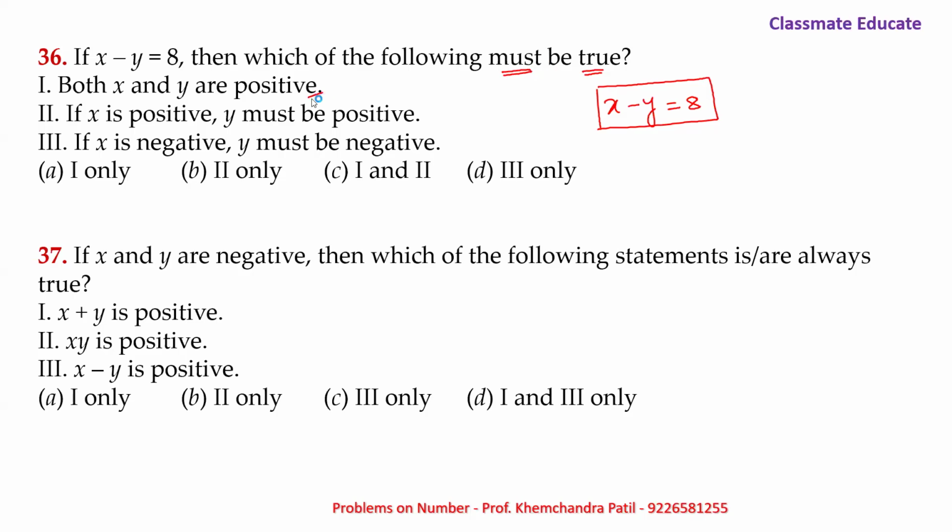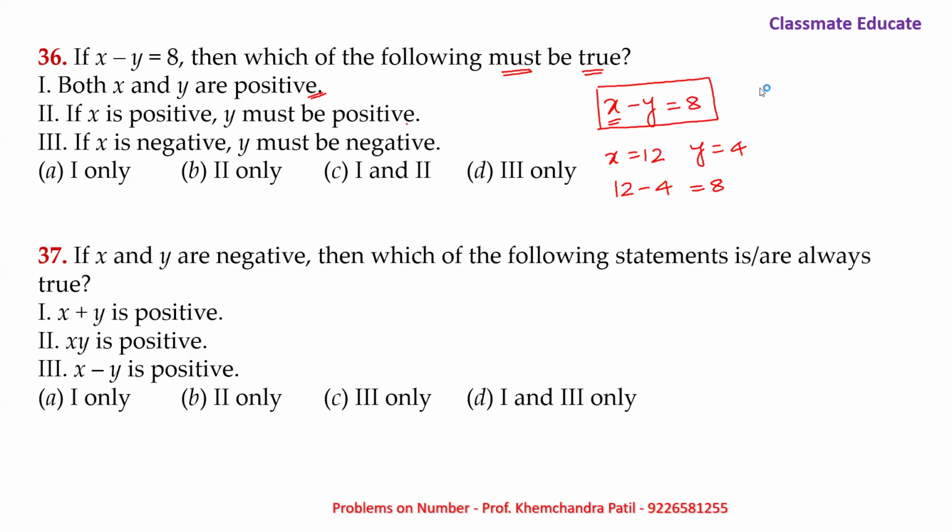So this can be a possibility. Suppose I take x as 12 and y as 4, then 12 minus 4 is equal to 8. But that is not always true because we don't know the exact values of x and y. Now, if x is positive, then y must be positive.